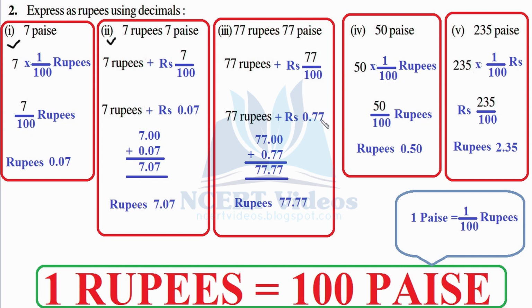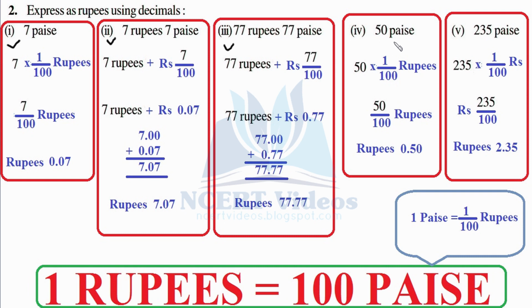Then put the decimal after 2 places, so 1 and 2 here, and place 0. Now add 77.00, with 2 zeros because there were 2 decimal places here. Now writing 0.77. The important thing is that the decimal should come below the decimal so that you don't get puzzled. So 77 and 77 makes 77.77 rupees.